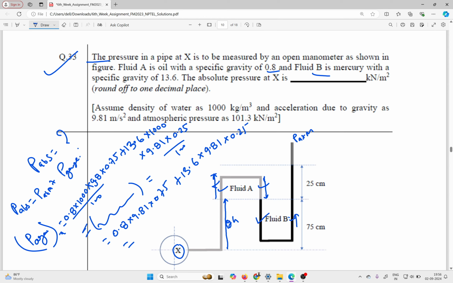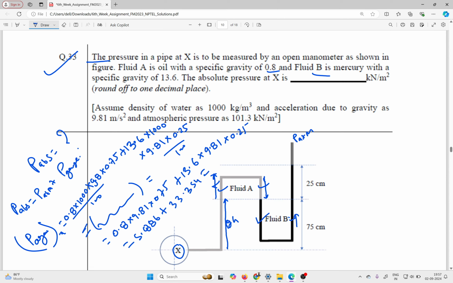So when you multiply, what will you get? Let me just calculate. 0.8 into 9.81 into 0.75 will become around 5.886, plus 13.6 into 9.81 into 0.25, which comes to 33.354.